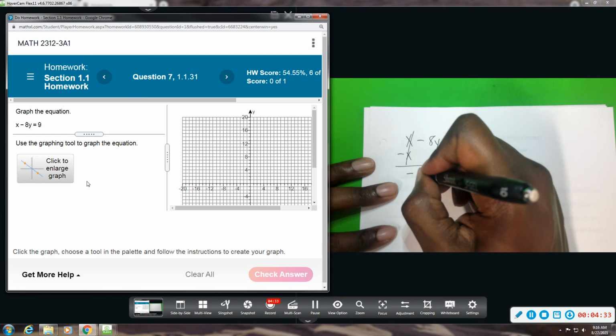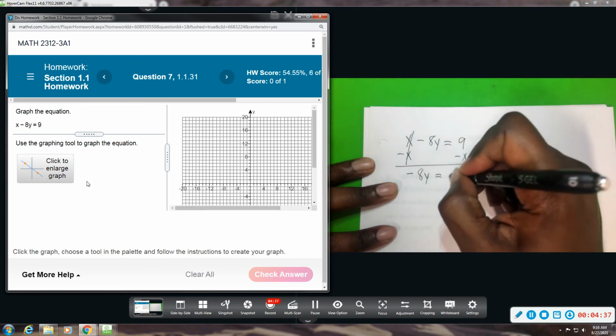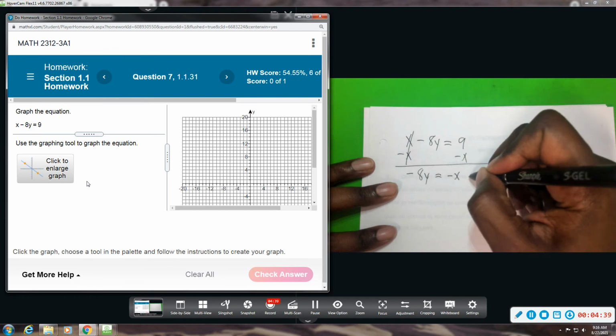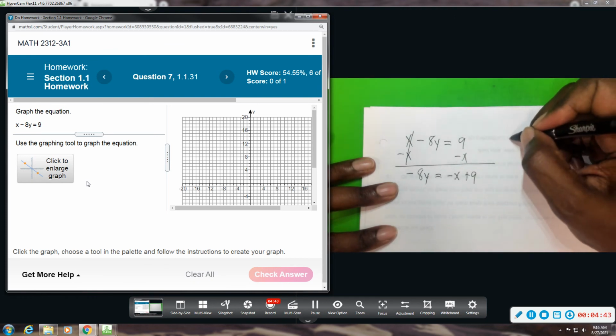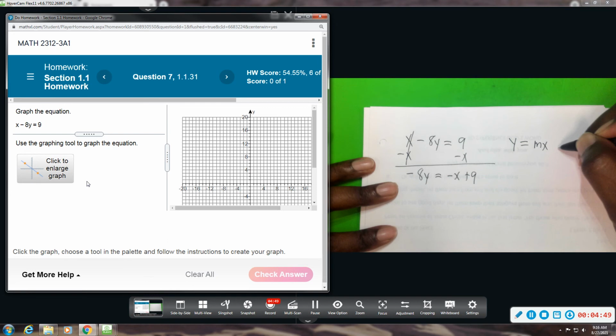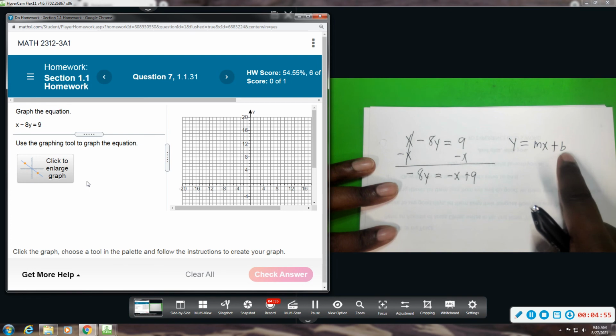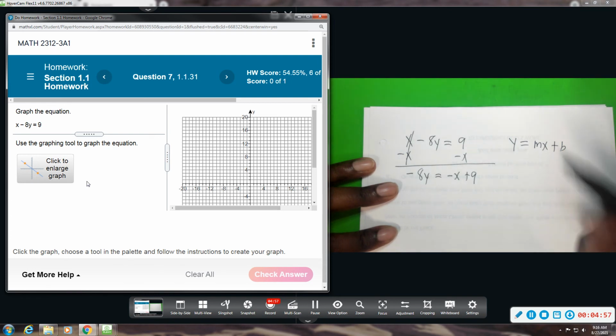And then we bring down our negative 8y equals, we'll put the negative x out front, plus 9. The reason why I'm doing it this way is because slope-intercept form is in this form, y equals mx plus b. Okay, so the x term we wanted out front, with the y-intercept at the back.